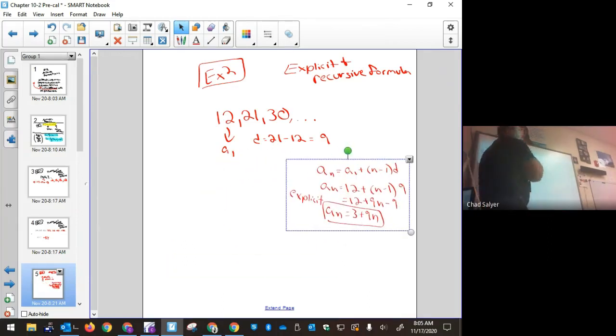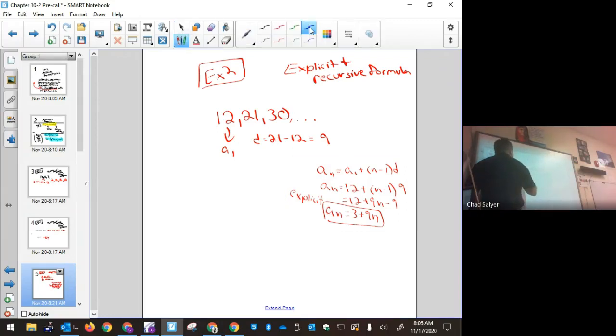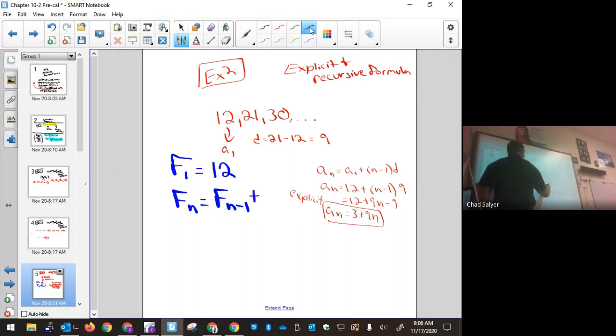Now for the recursive. I just set f sub 1 equal to whatever that first term is. And I say f sub n equals the previous term, which is f sub n minus 1, plus 9. So we're going up by 9 each time is where that comes from.